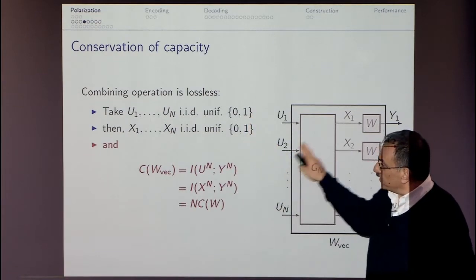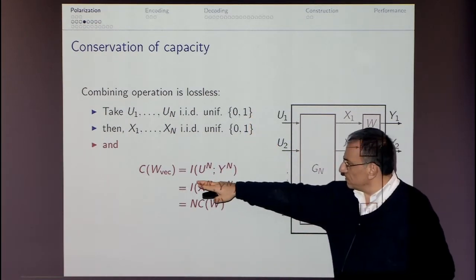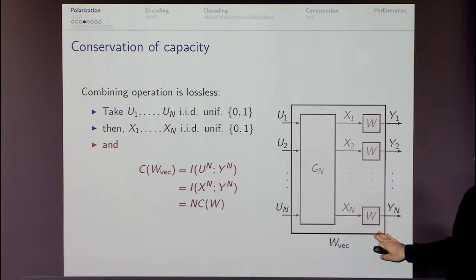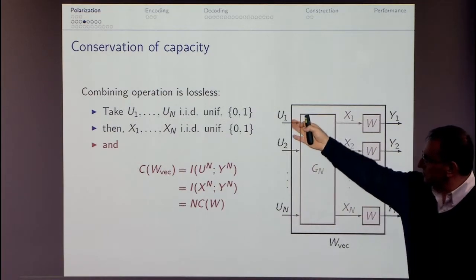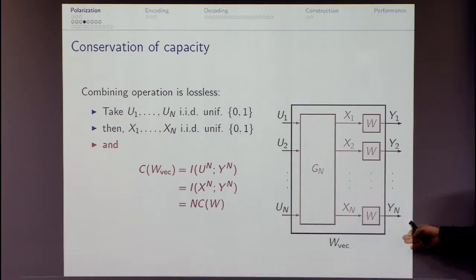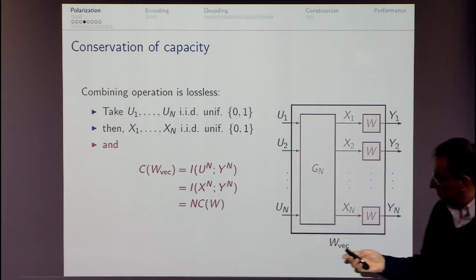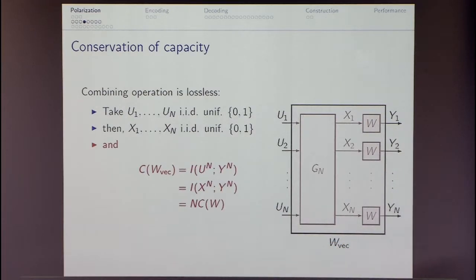Okay, so that way the total capacity of the vector channel here, which is the mutual information from the input to the output, namely this mutual information, is going to be equal to that one, because U and X are related to each other by this one-to-one transformation.